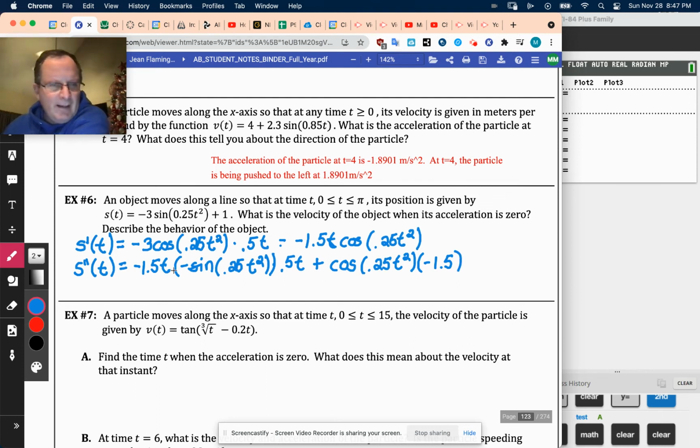There's some cleaning up there. Obviously this is positive. I could factor out a little bit, but I think I'll leave it just like that.